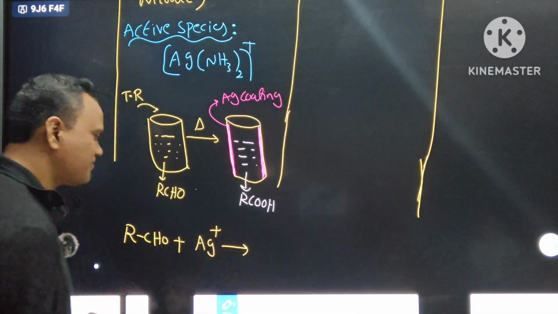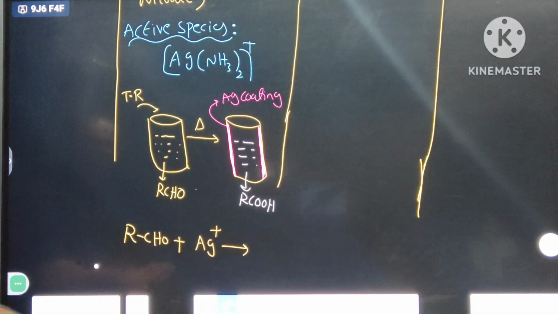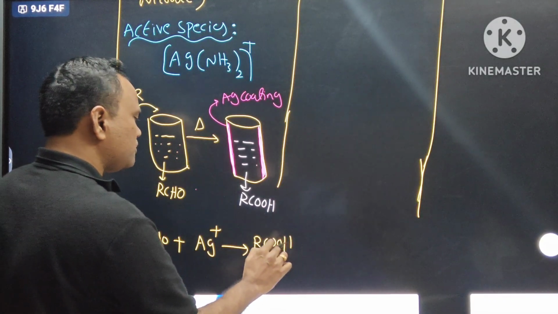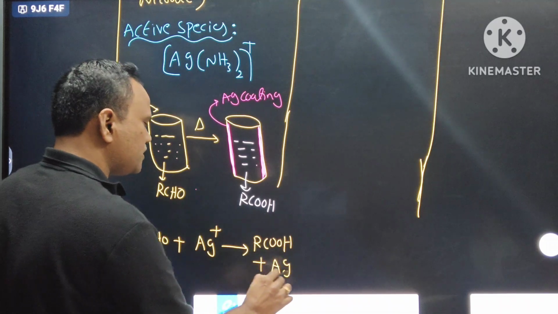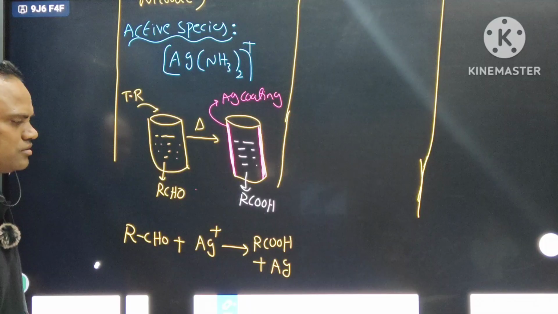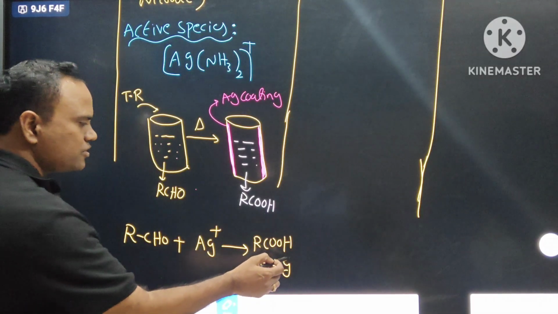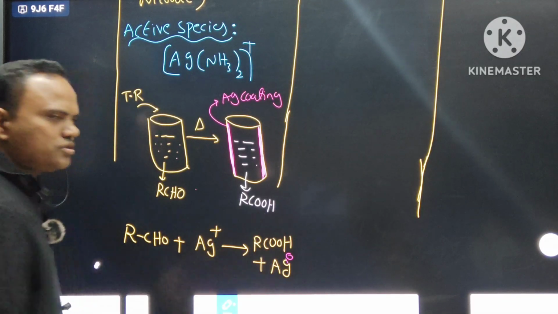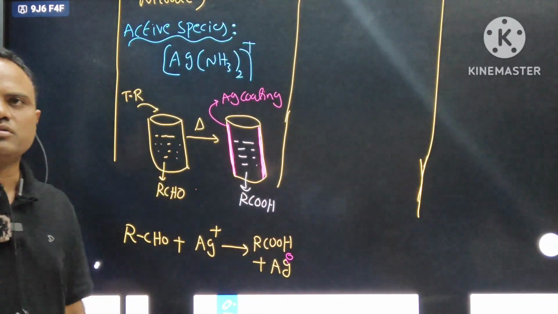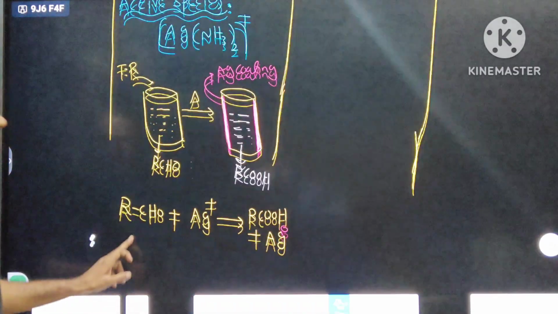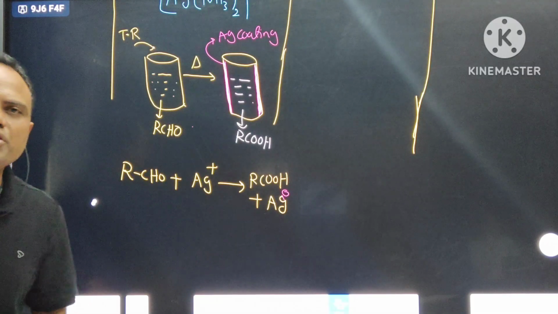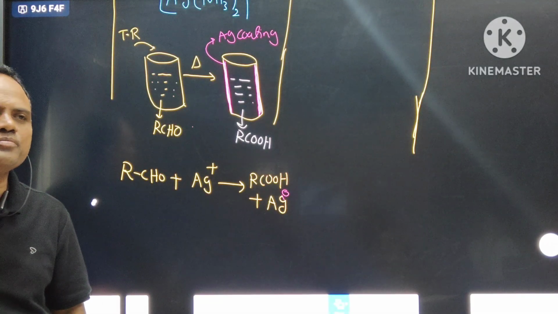Once we observe this, what are the changes you can see here? Ag+ is converted to Ag. Silver metal is depositing, right? Ag+ to Ag. Now you tell me which is undergoing reduction and which is undergoing oxidation.